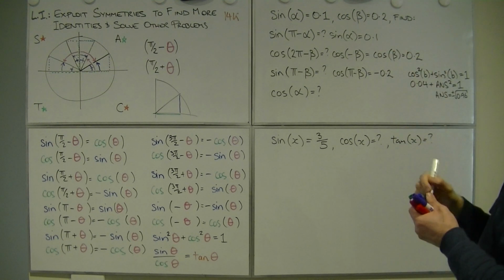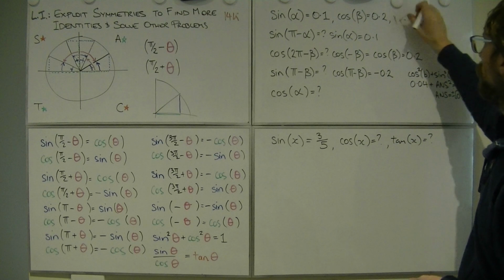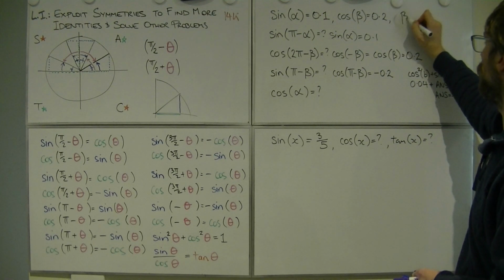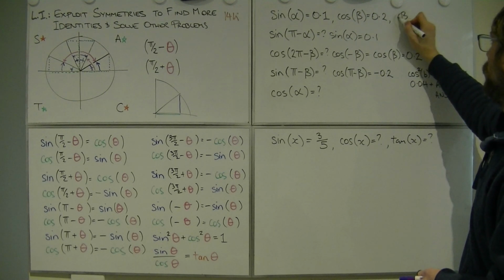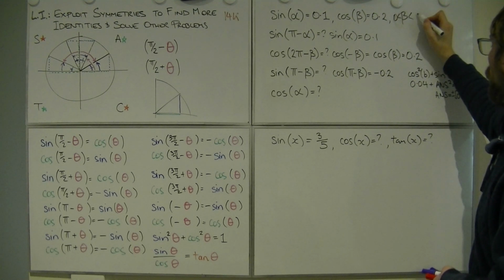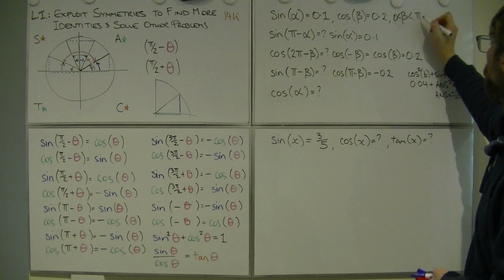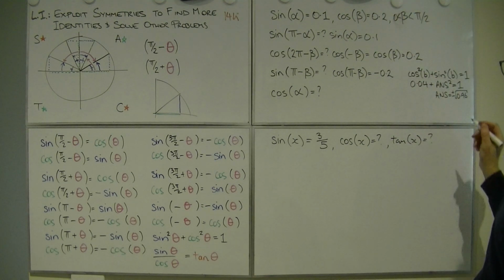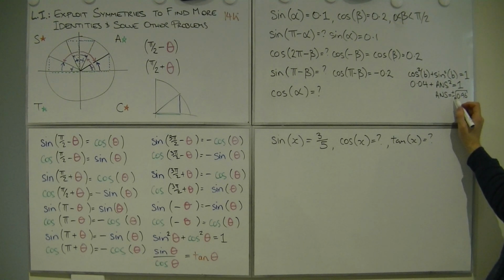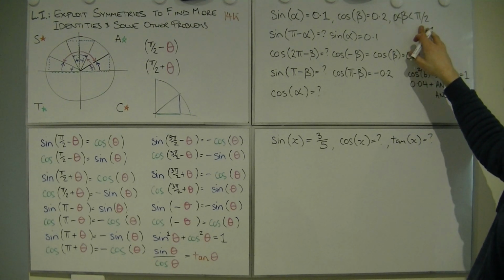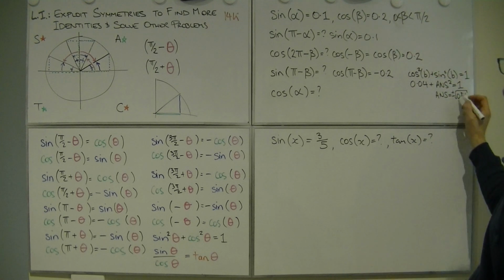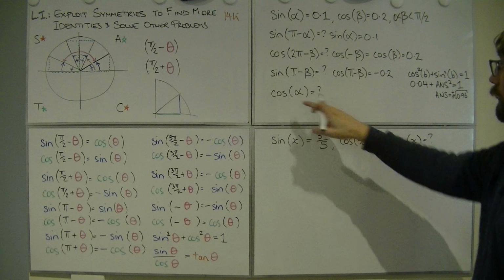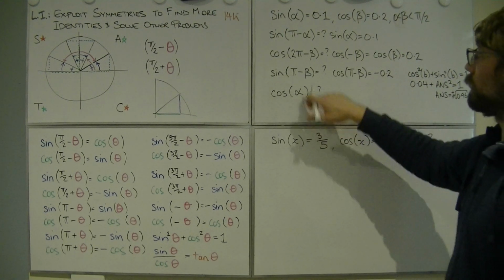If we knew, for example, let's just say beta is between 0 and pi on 2, since this is positive. Well, in that case, between 0 and pi on 2, is sine positive or negative? It's always positive, so then we'd be able to get rid of that negative.